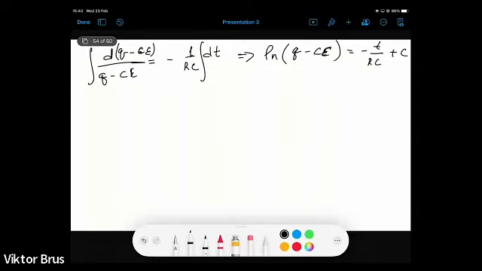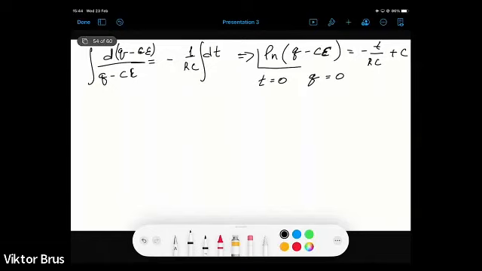So we need to define this constant in order to get the final expression for the equation we are looking for. So what we can consider, we know that at t equals 0, our capacitor is not charged, so that means q equals 0, too. So now let us substitute these conditions in the equation here.